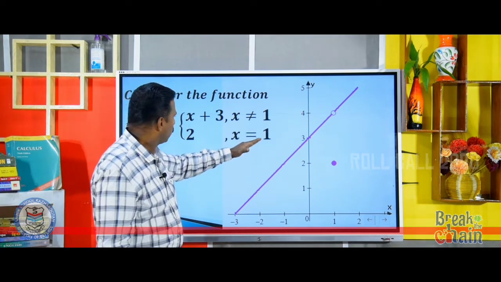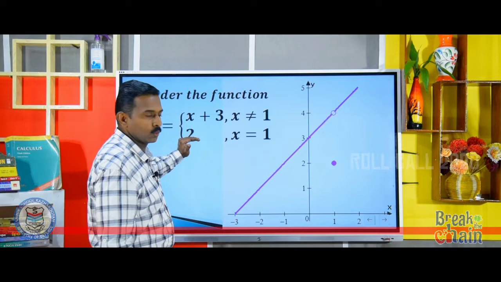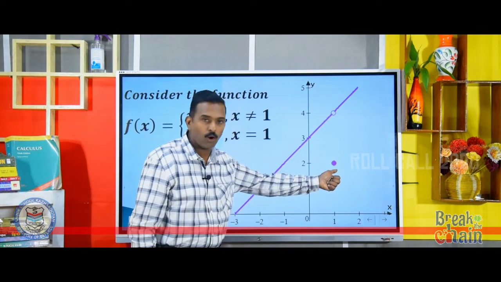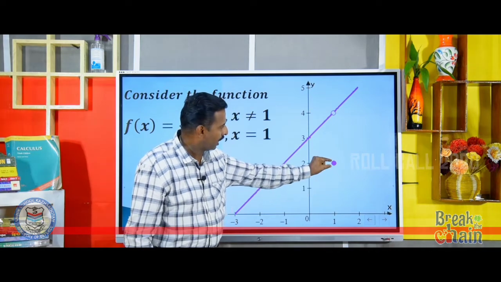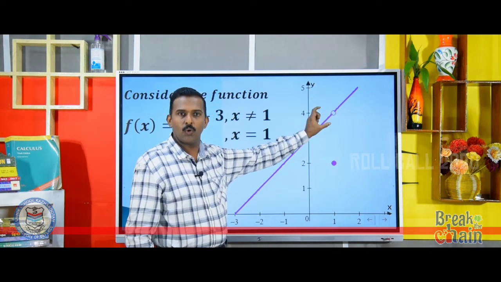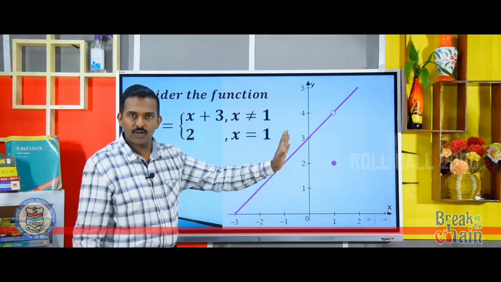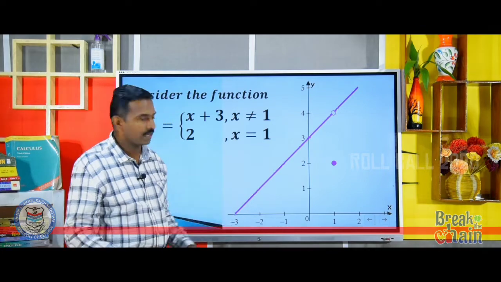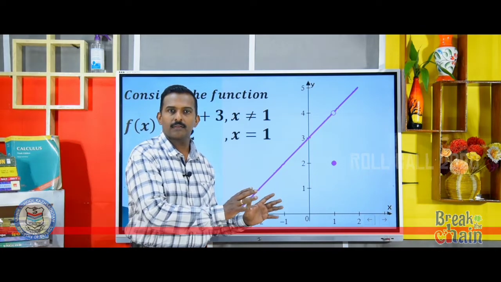But at x equal to 1, the function takes the value 2. That is, at x equal to 1, y equal to 2. Therefore, the point (1, 2). There the point comes, but in the straight line, the graph has a hole. This is the graph of the function. On continuity, this function is not continuous at x equal to 1.